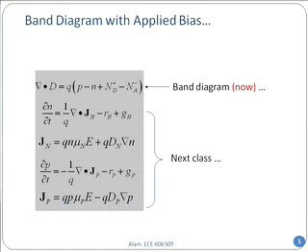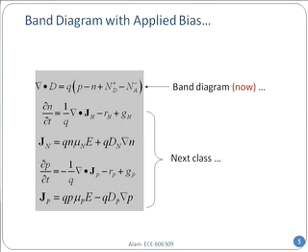So again, anytime we have a device, we go time and again to the same set of equations, and we solve them. First, we would like to solve for the band diagram, solve the Poisson equation. But this time, the difference from before is that I have a battery connected to it. Equilibrium didn't have a battery.